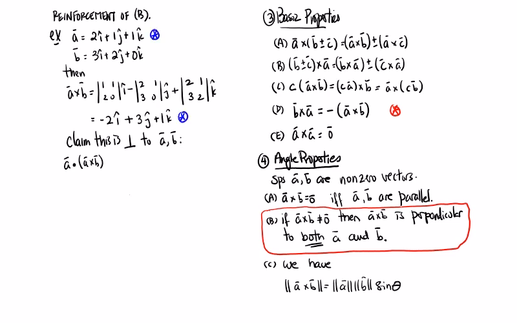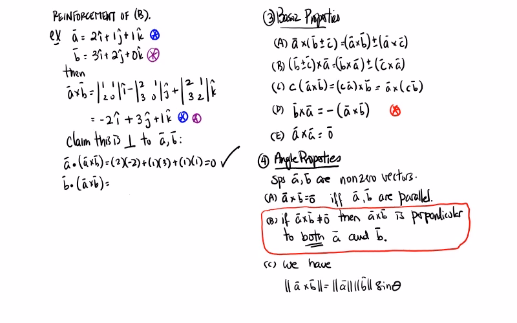Remember how the dot product works? Dot product, you just multiply the components and you add them. So when I do this, I get 2 times negative 2, not mess this up, plus 1 times 3, plus 1 times 1, and that's 0. And when I check it with B, now what I'm doing in this case, let me use a different color, I'm dotting B up here with this same one right here.